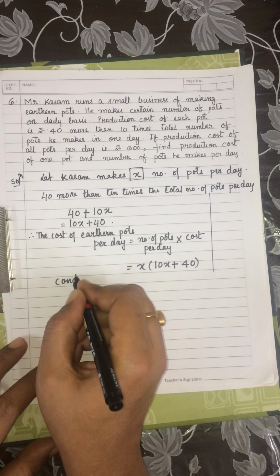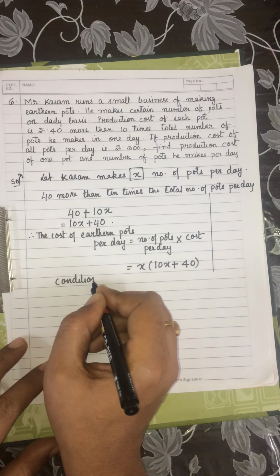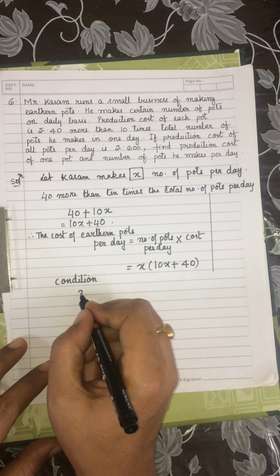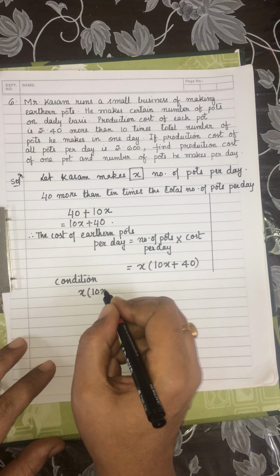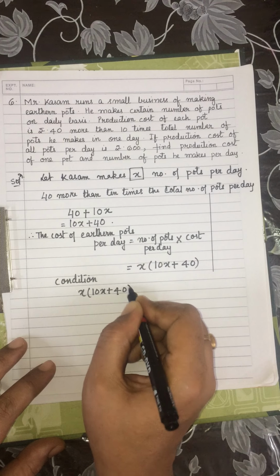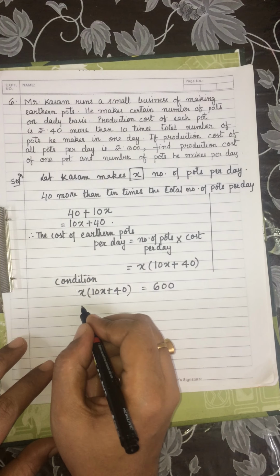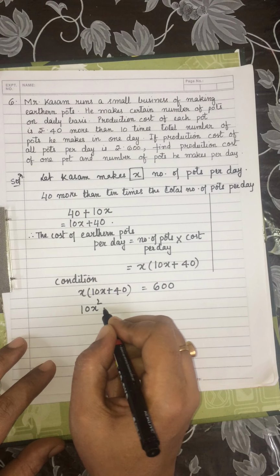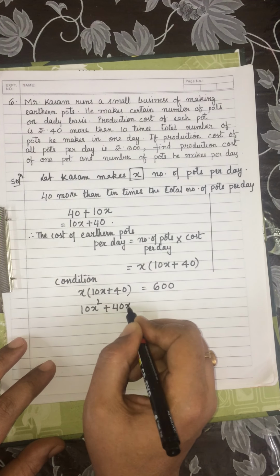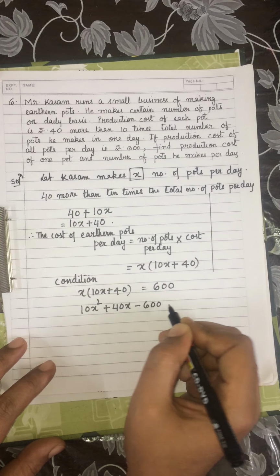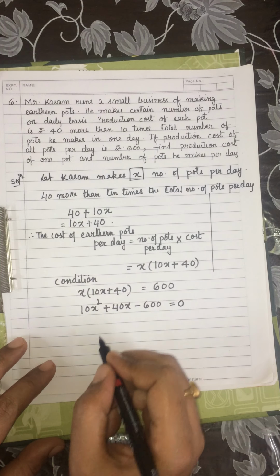But the condition is given that x multiplied by 10x plus 40 is equal to 600. So solve it, children. 10x square plus 40x minus 600 is equal to 0.